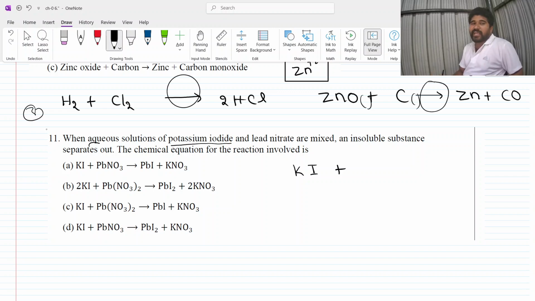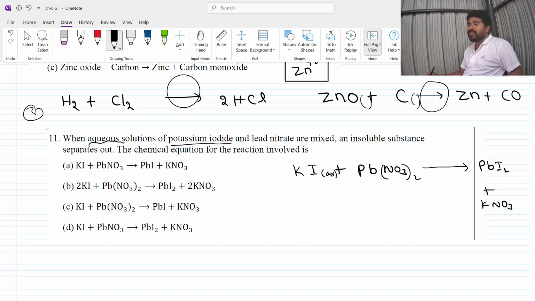He said aqueous solution, so it is aq. So it is Pb(NO3)2. Okay. Gives PbI2 plus KNO3. Understand?